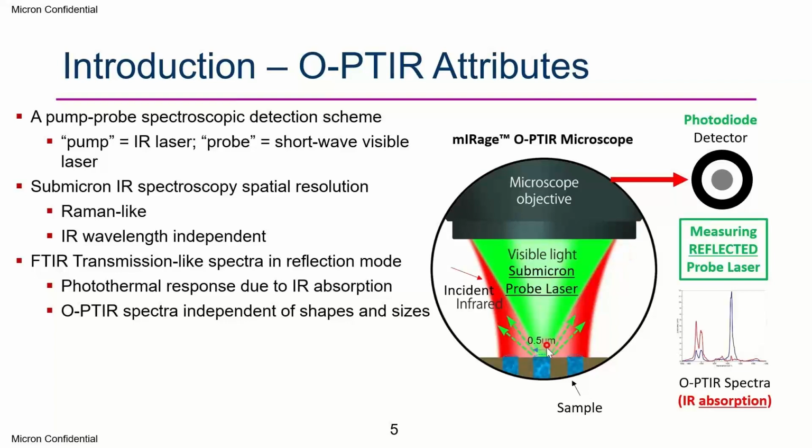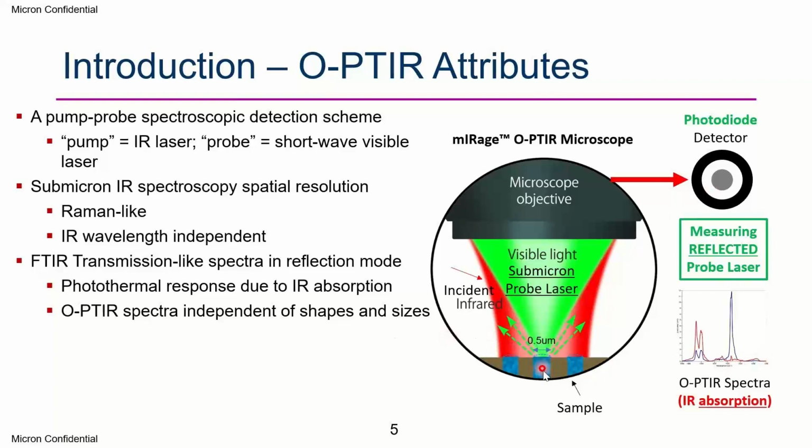So the photothermal response with the area of interest is like a transmission, meaning absorption of the IR, and then they bring the IR back to the detector in reflection mode to do the measurement of the spectroscopy. So it turns out to be transmission-like because of the absorption and the reflection mode to the detector.